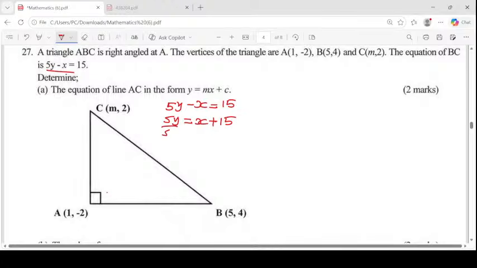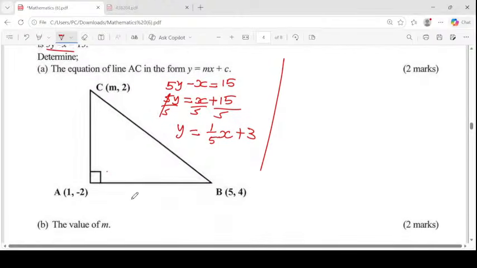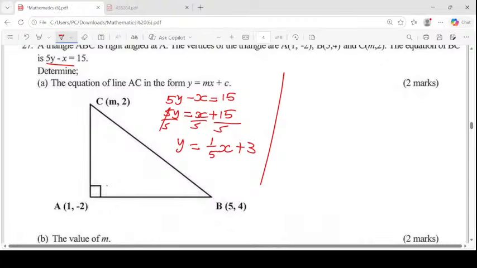Dividing by 5, you get y is equal to 1 over 5 x plus 15 divided by 5, which is 3. So that is the equation of BC in the form y is equal to mx plus c. This means the gradient of the line BC is the coefficient here, which is 1 over 5.